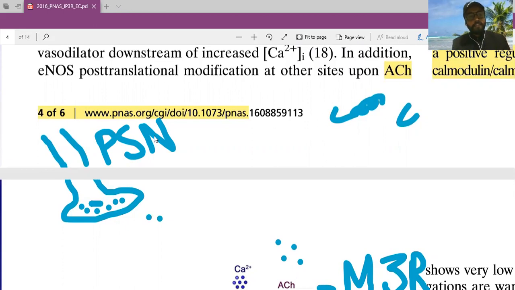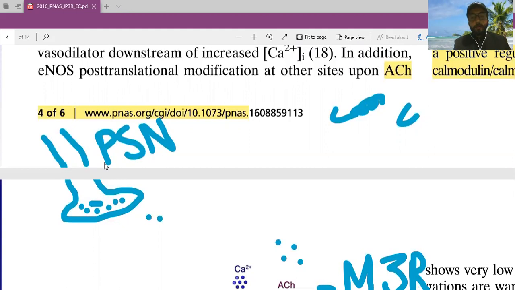And our blood vessels are not innervated by the parasympathetic nervous system. So the takeaway of the discussion is that if we administer acetylcholine from an external source, then it will be a vasodilator. And as an endogenous substance, it is not a vasodilator.